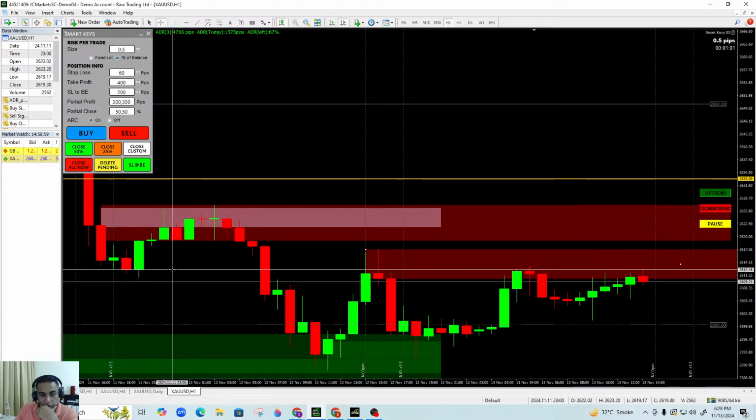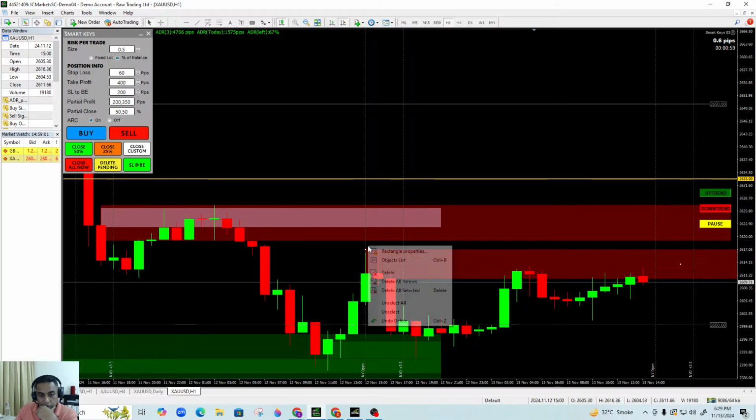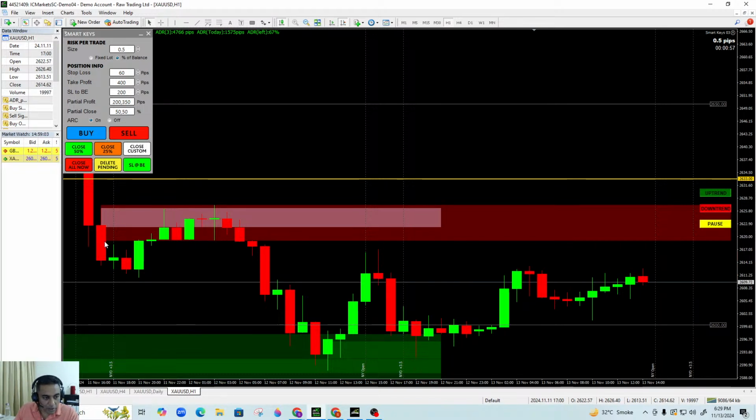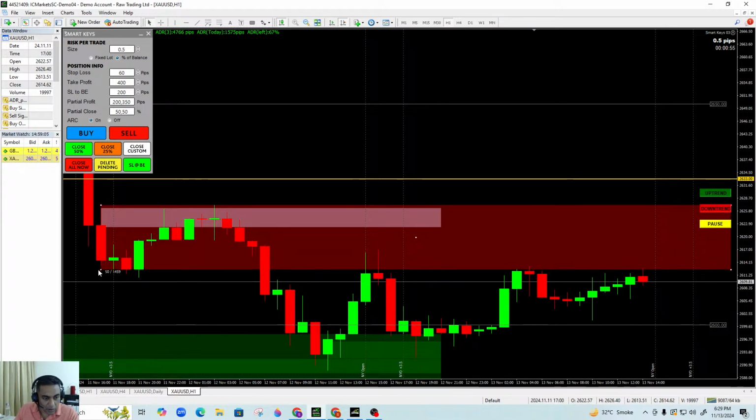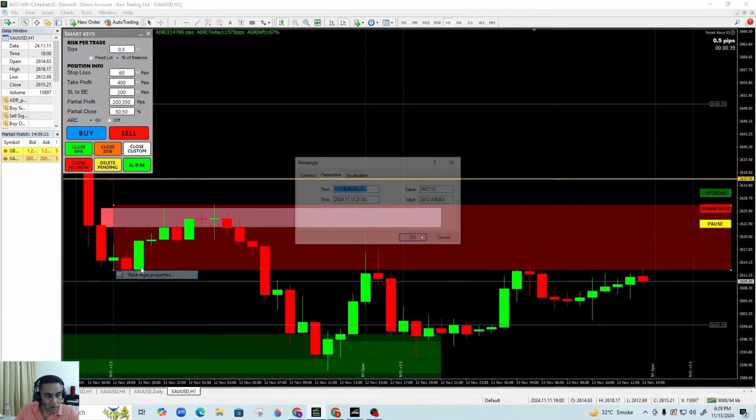It's actually a reaction to this. So what I'm going to do is extend this zone here, further down here, right? That's the drop. These are all basing candles, and then the drop, and that's what we reacted to. Okay, so this open is 259, this closes 260.